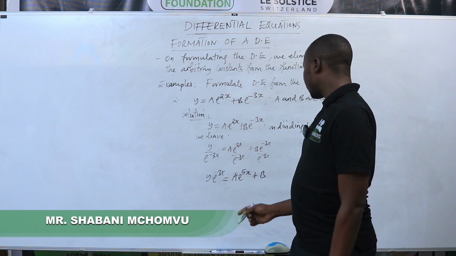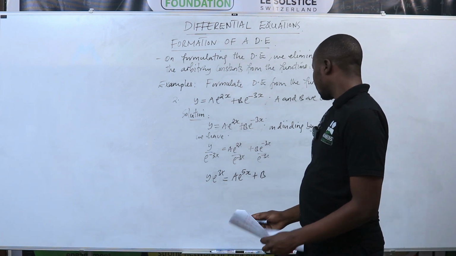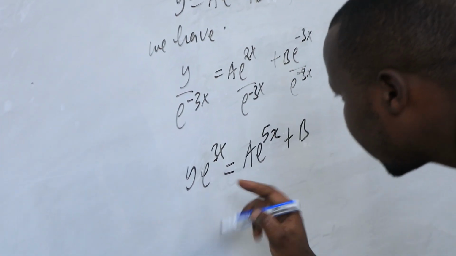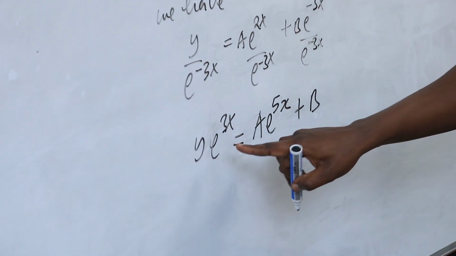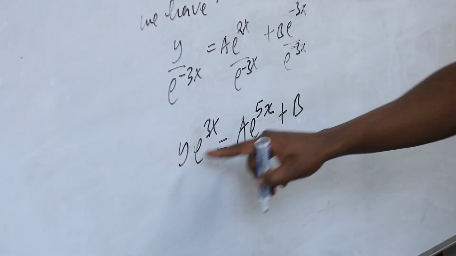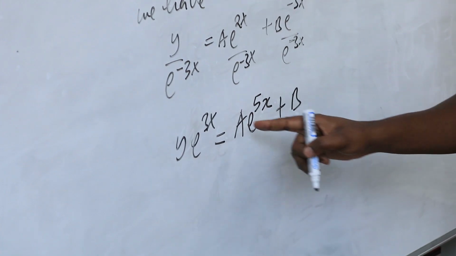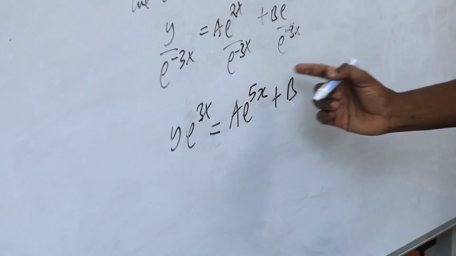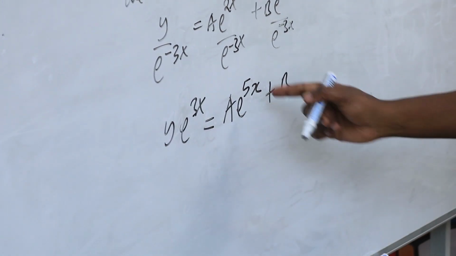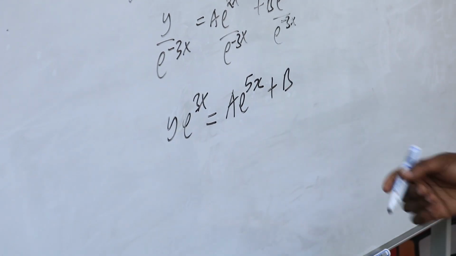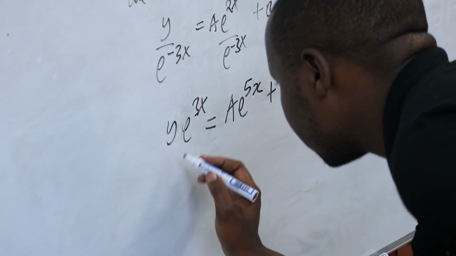So we can now apply differentiation, first differentiation. On the left hand side, because we have two variables, y and x, we differentiate implicitly. But on the right hand side, we differentiate normally, because we have only one variable x. So the product rule now works here.